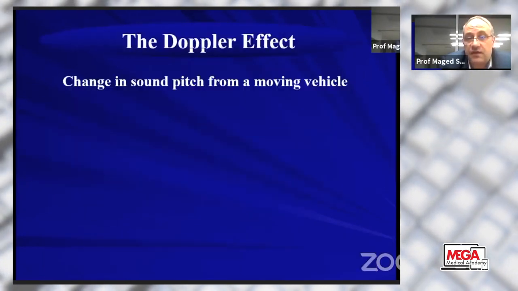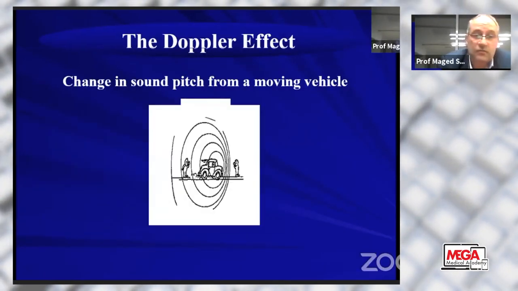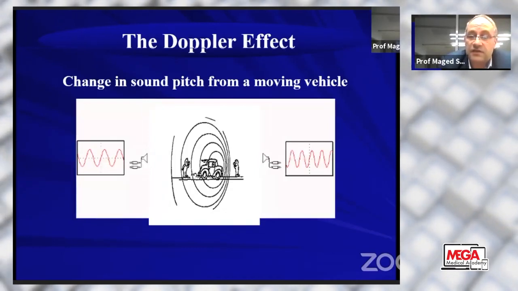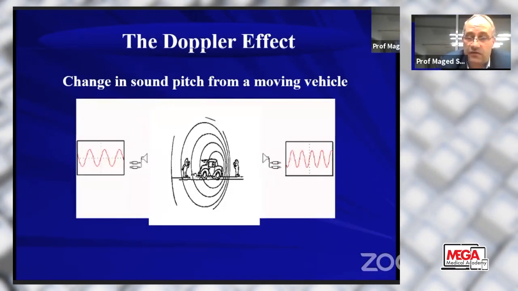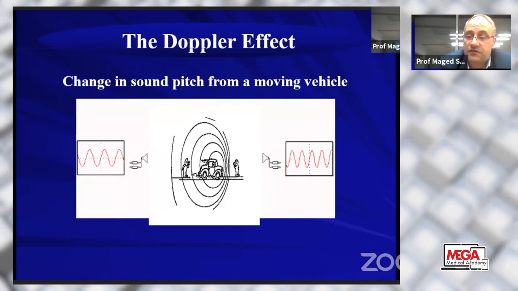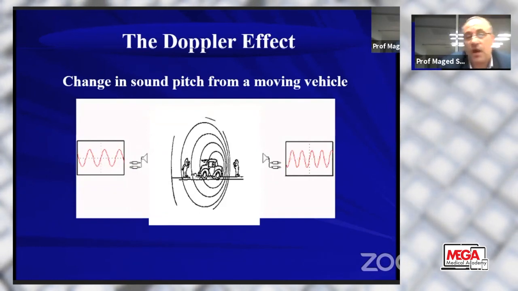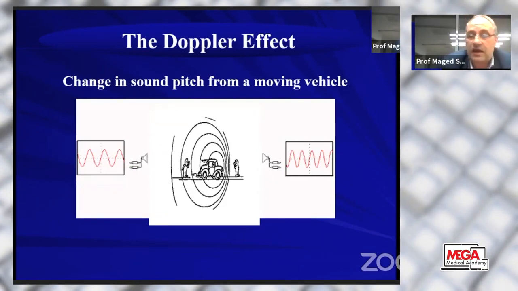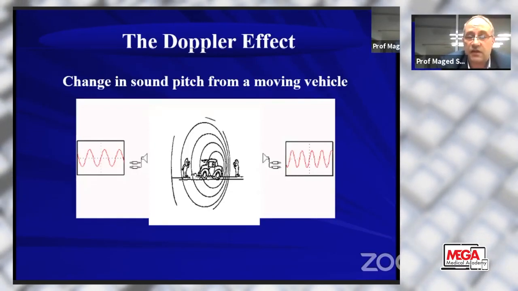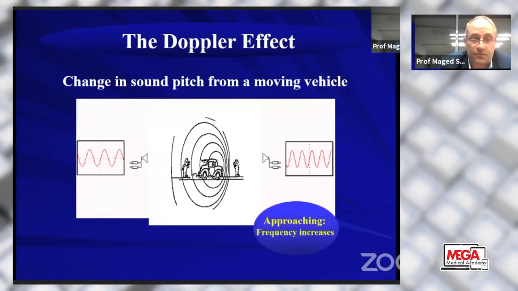Simply, if a vehicle is moving toward me, I will hear an increase in pitch due to increased frequency, and if I'm behind the vehicle, I will have a decreased frequency and decreased sound pitch.